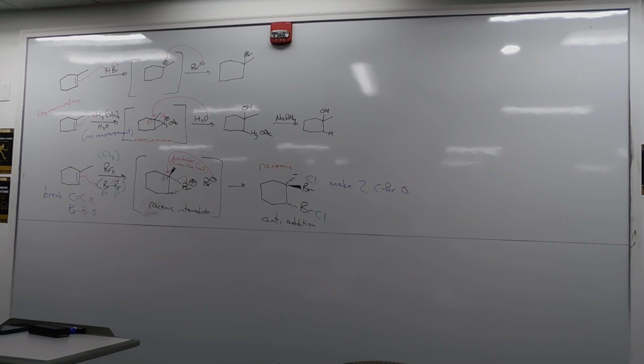For iodine, it's the same thing: we break a carbon-carbon pi bond, break an iodine-iodine sigma bond, and make two carbon-iodide sigma bonds. Remember, iodide is a really good leaving group, partly because the carbon-iodide bond is really weak. So making two carbon-iodide bonds isn't energetically favorable enough to drive the equilibrium to completion. If you mix I2 and an alkene, you generally get a mix of both sides, which is a mess.